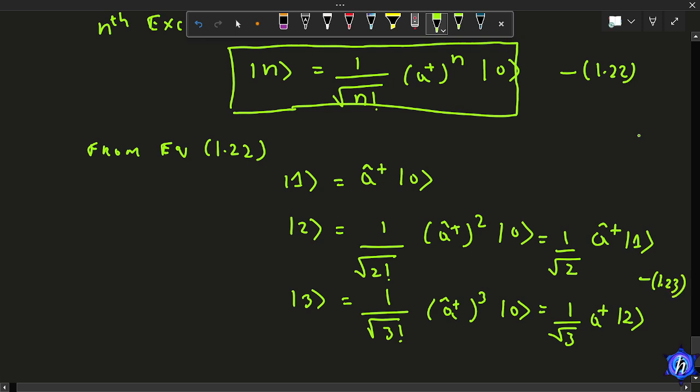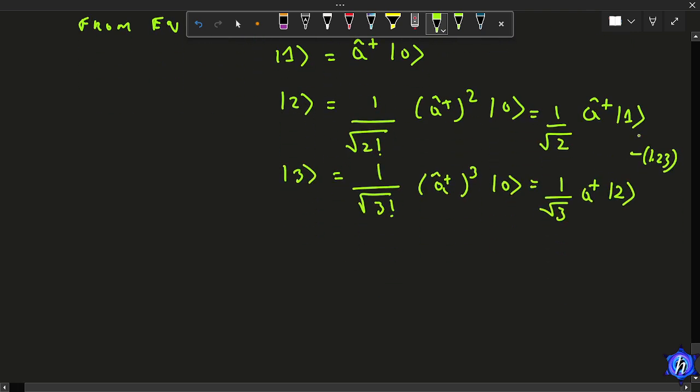So now we can easily write the nth state in terms of the n minus 1th state. I hope you can see the pattern.